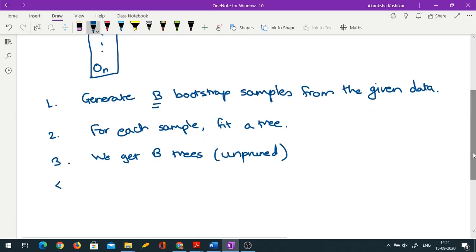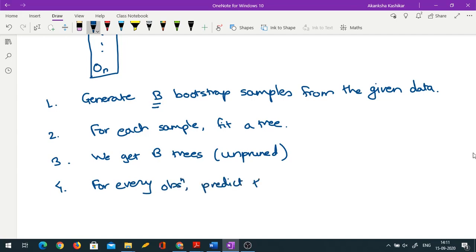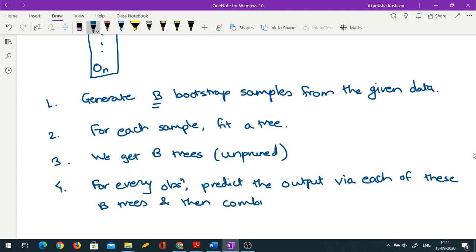Now what do I do? For every observation, predict the output via each of these B trees, and then combine those outputs to get the final output.